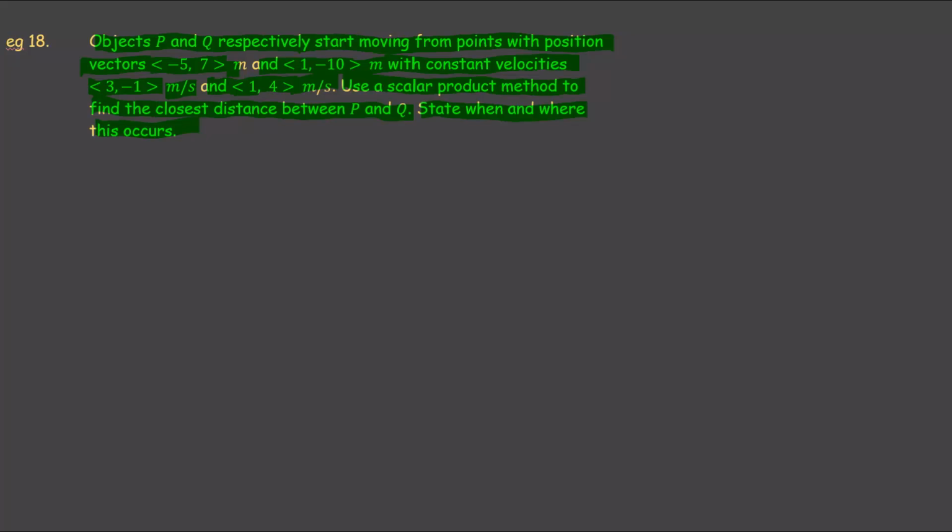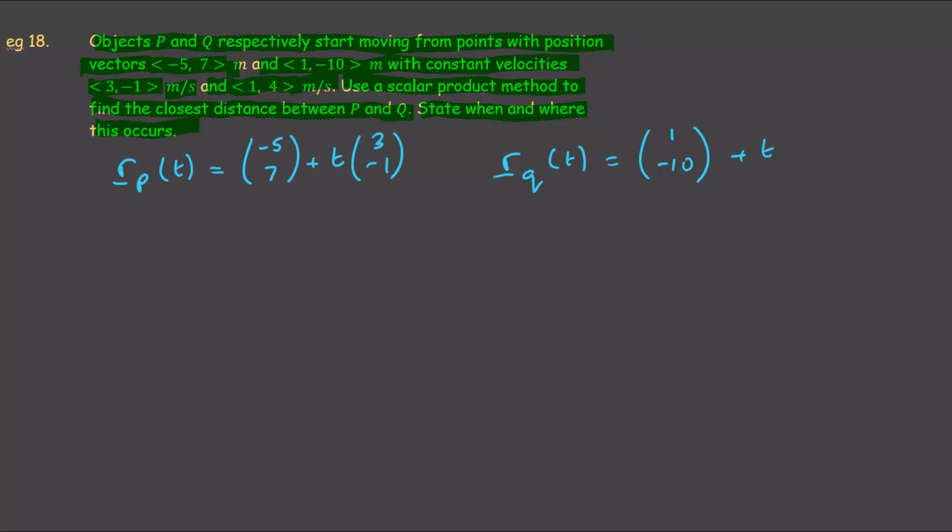Okay, so we can write down that Rp at time t is equal to (-5, 7) plus t(3, -1), and that Rq at time t is equal to (1, -10) plus t(1, 4).